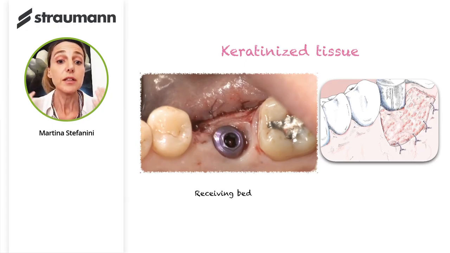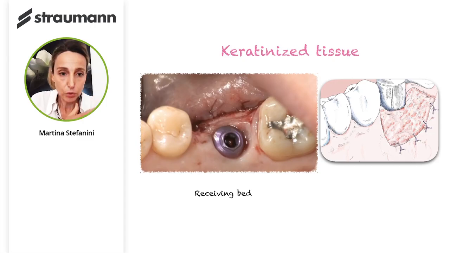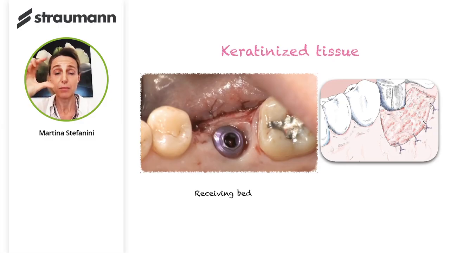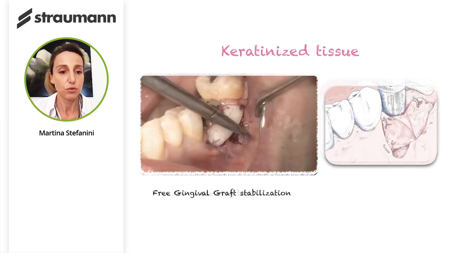So the receiving bed should be prepared with the blade parallel to the bone, with the so-called deep split thickness incision, to remove all muscle insertions and create at least 5 to 6 mm height of periosteum area, to which we will fix our connective tissue graft.